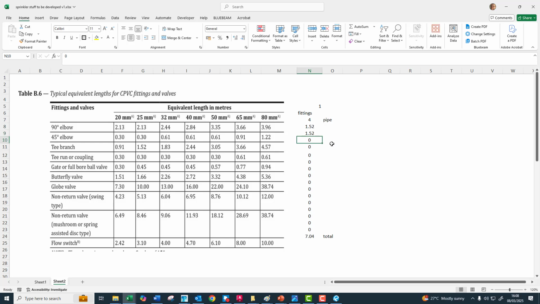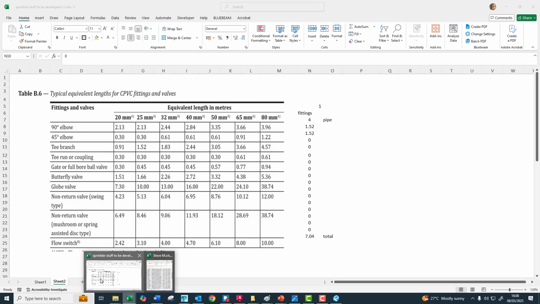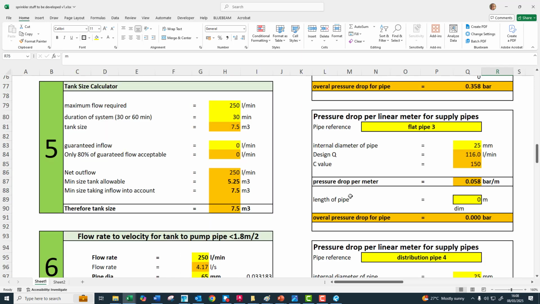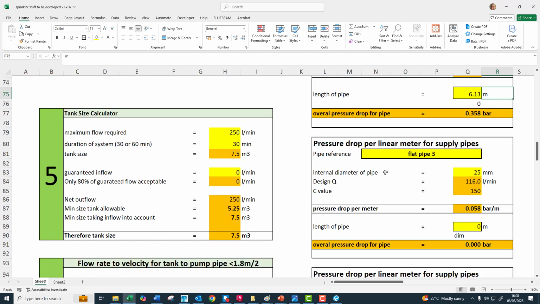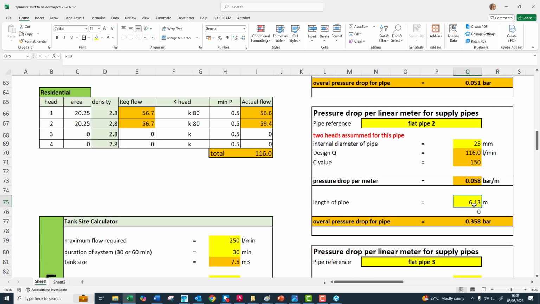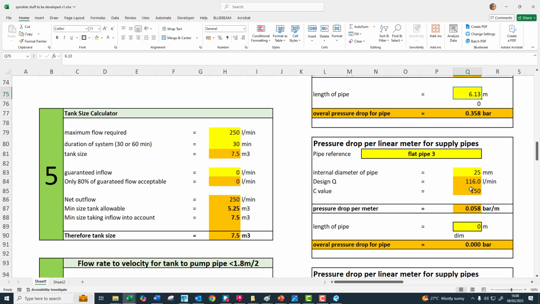That gives us 7.4. So flat 2. So it gives us, number 3, flat pipe 3, 7.24, wasn't it?